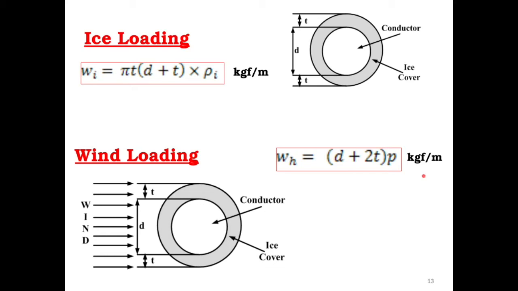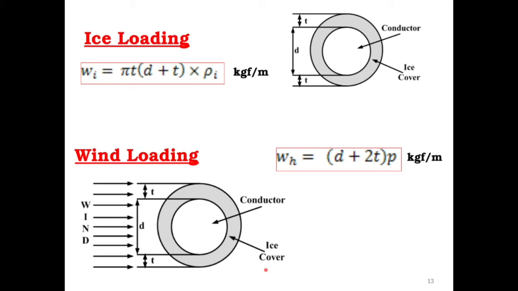Then the next one is the wind loading. Again, you see the conductor diameter is d, and wind is going to act on it from that side of the conductor. So wind is blowing onto the surface of the conductor. It might happen that the conductor has ice deposition as well, meaning it's a very cold winter.